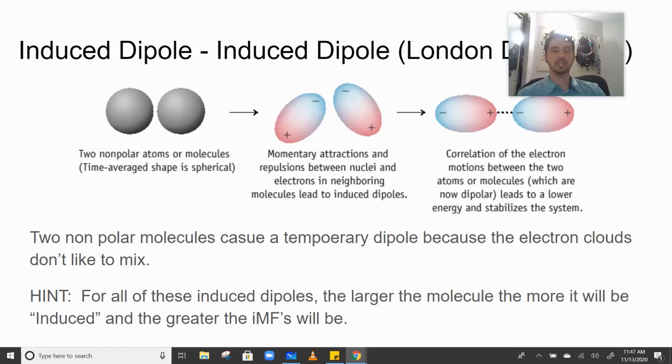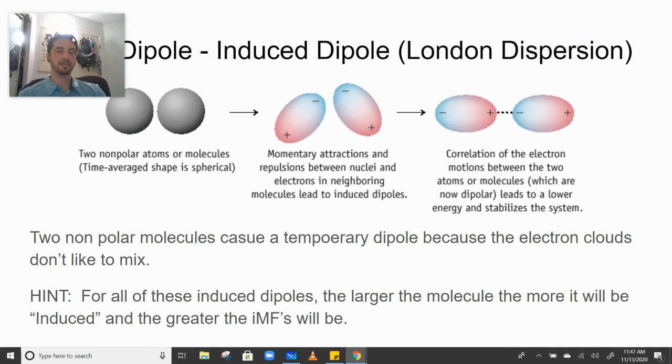Okay, and this is typically what we call London dispersion forces. Why I put London dispersion forces is because typically, if you don't have a dipole, it's London dispersion, so the electrons are dispersed. That's why we think of London dispersion forces. The electrons are dispersed because they are moved temporarily.